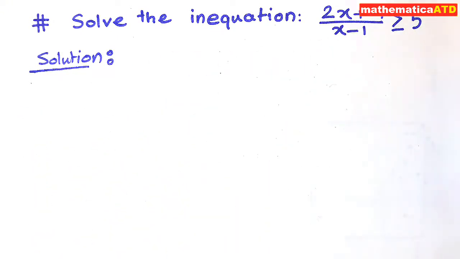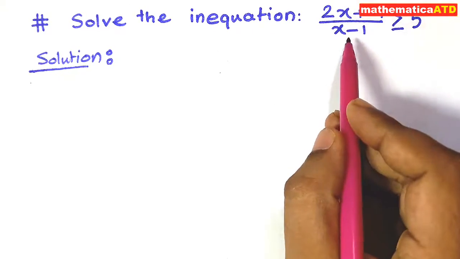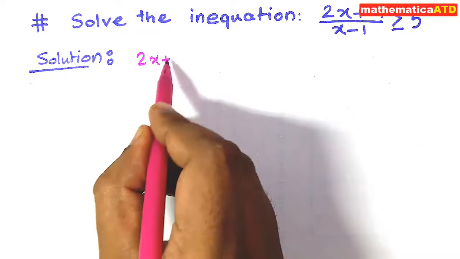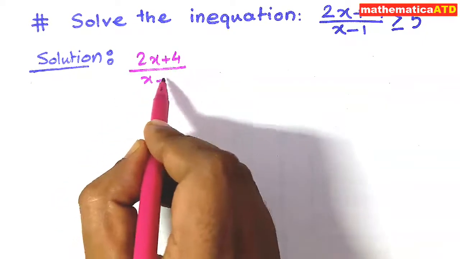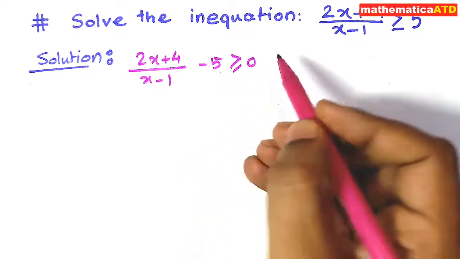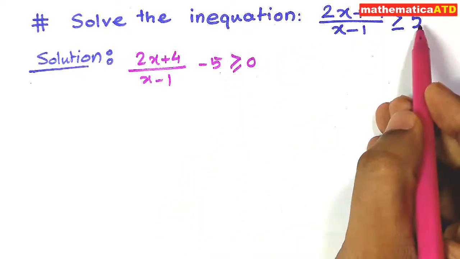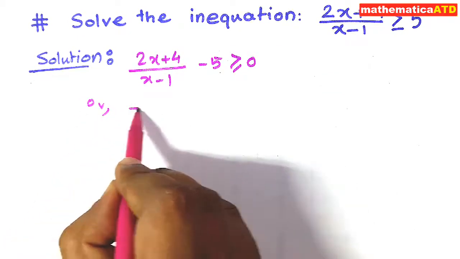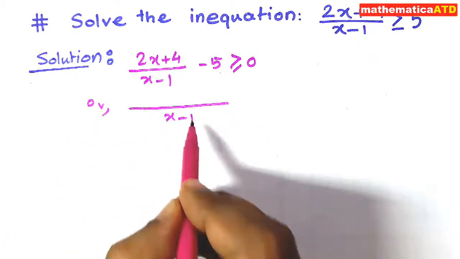Friends, from this linear inequation, we can write (2x + 4)/(x - 1) - 5 ≥ 0. First of all, we shall make the right side 0. So we take an LCM here. The LCM is x - 1.